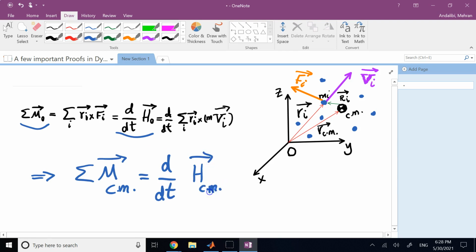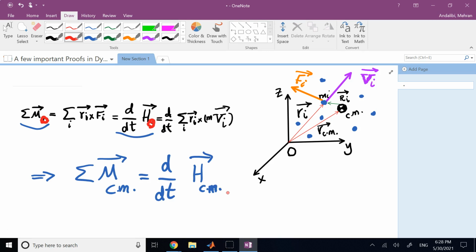So I claim that you can replace point O in this top equation with point Cm. But I never provided any proof why you can do that.